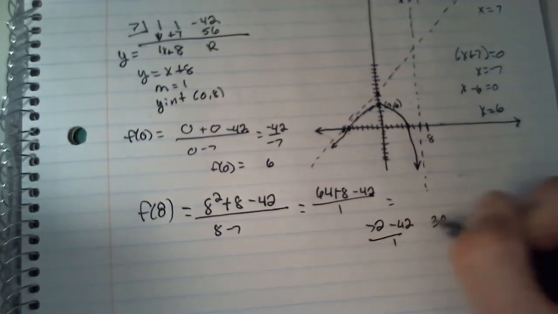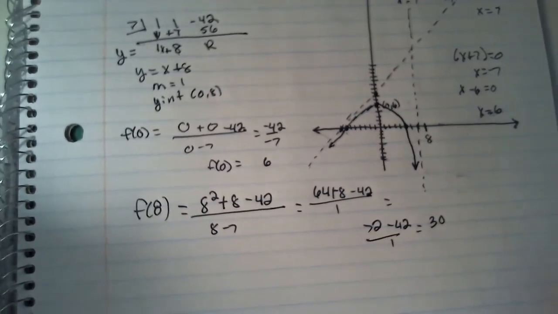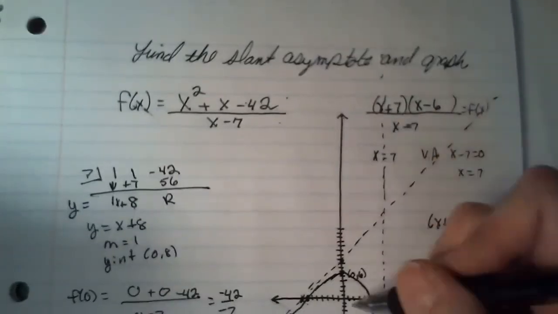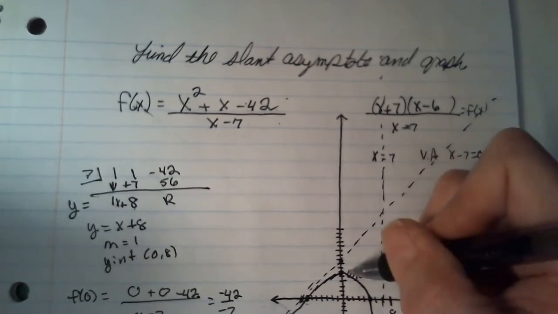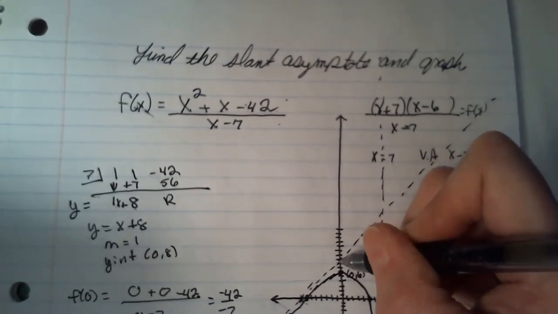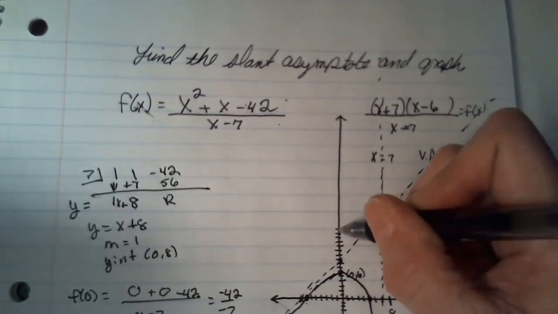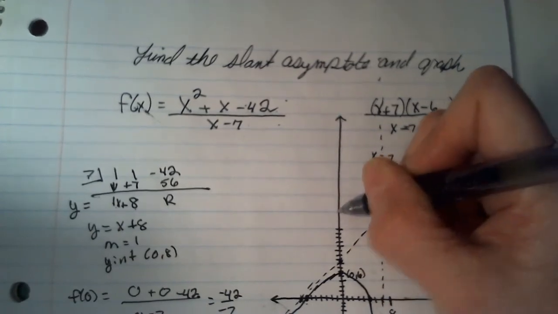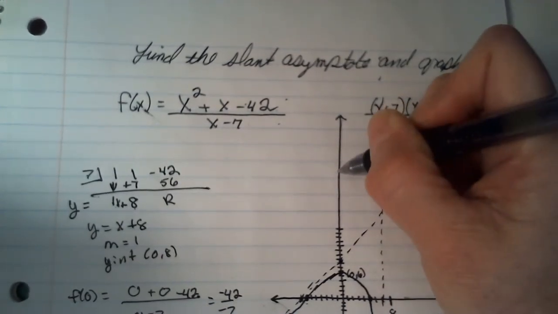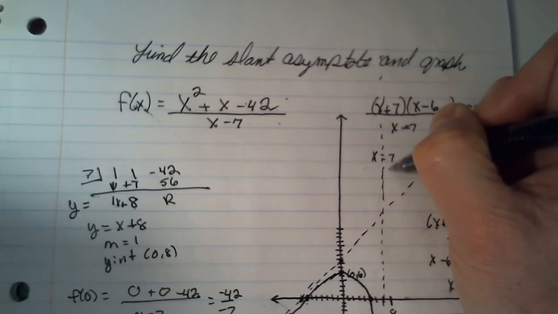So I have 30. Each of these are by 4, so 4, 8, 12, 16, 20, 24, 28, 30. So about there.